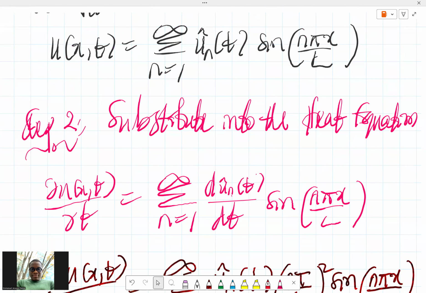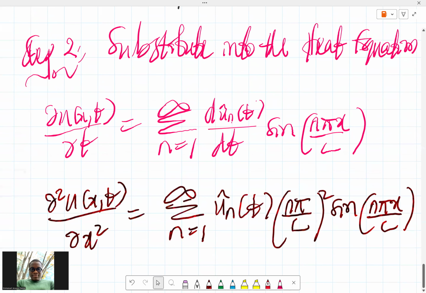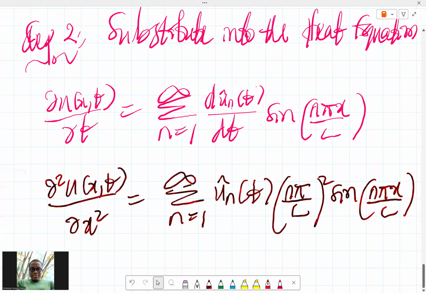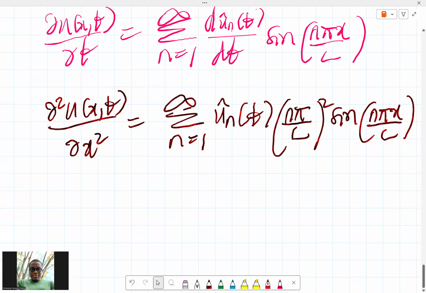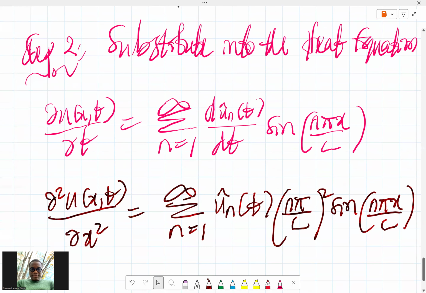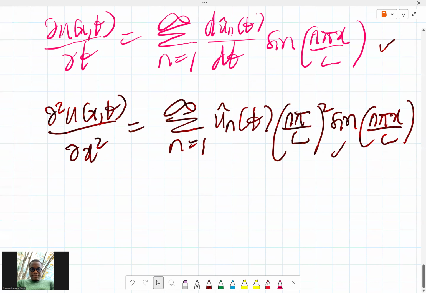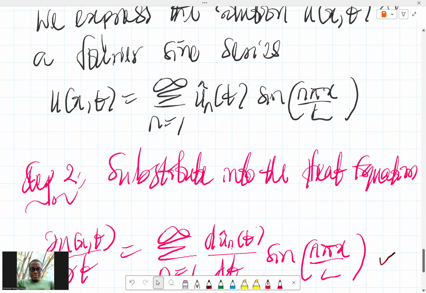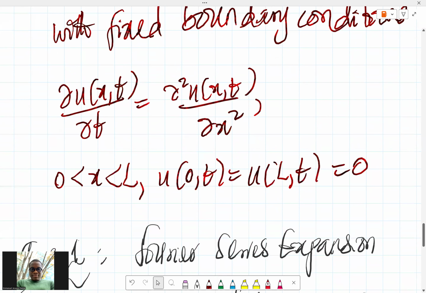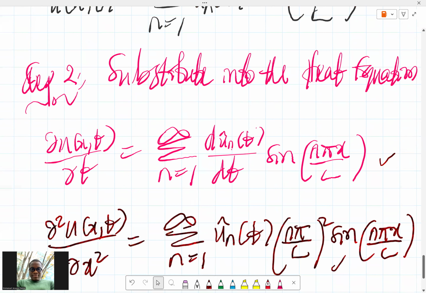So this is u of t now. Imagine we differentiate it twice. That's exactly what we get right there. Then we have to equate this with this, because that's what the original heat equation is about. This equals that, so we equate both of them.